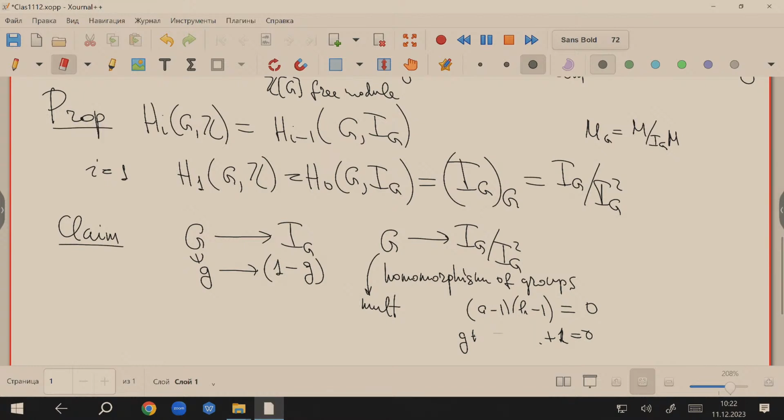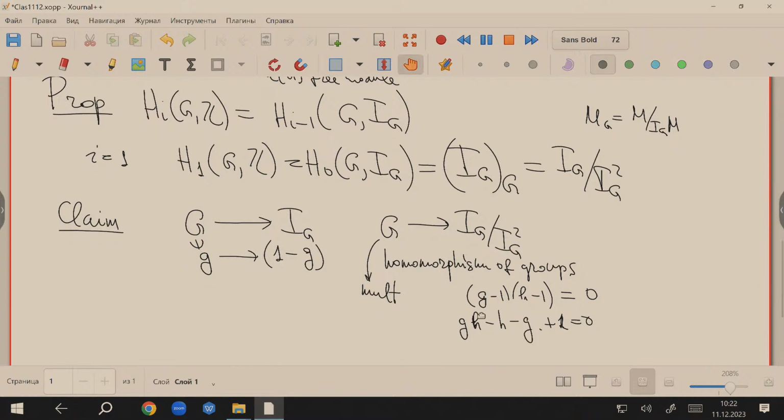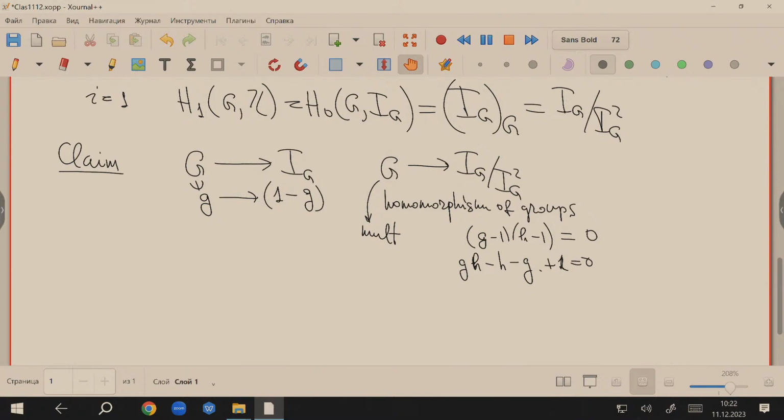gh minus h minus g plus 1. You may subtract gh minus 1 and plus 1 minus gh, and write it down plus 1 minus g equal to 0.